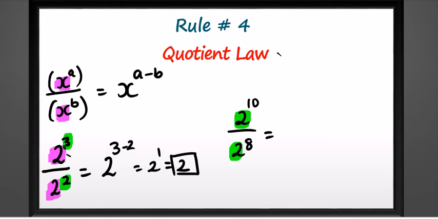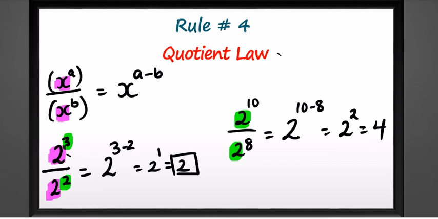Yes. We keep the base as it is and subtract the exponent. So it's 10 minus 8. That is 2 to the power 2. Answer is 4. Instead of writing 2 10 times at the top and then writing 2 8 times at the bottom, canceling that out, and then you're left with 2 2's, which is 2 times 2 is 4. See, we just did the same thing in one line. Okay, that's the quotient law.